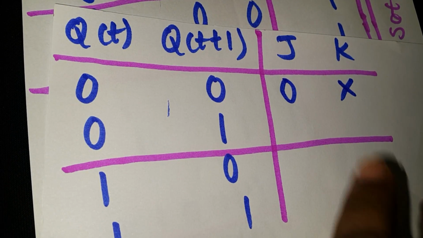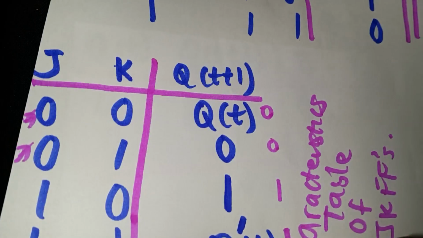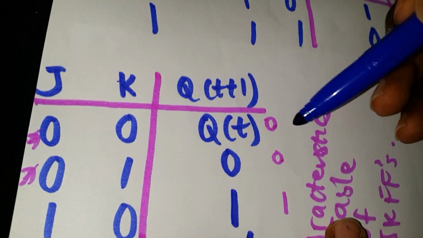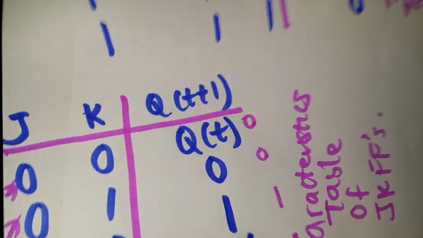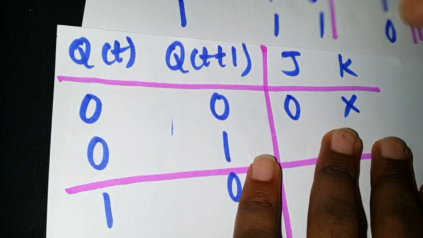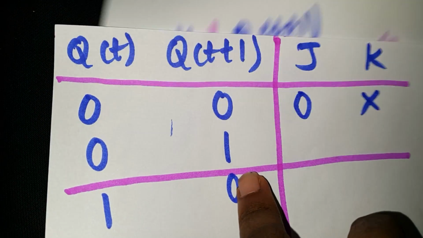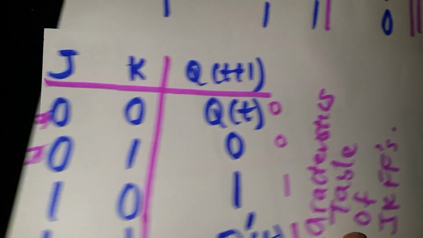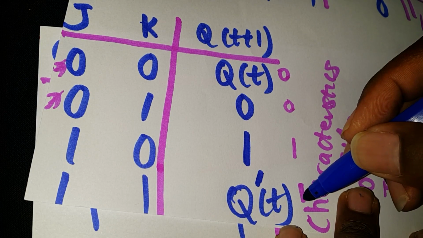That's the first one. As you can see, our Q of T is still 0. So we are not changing our Q of T because it's still 0 in the block, but our Q of t plus 1 is now 1. So we look at our characteristics table. Where is Q of t plus 1 1? It is 1 here, it's also 1 here.